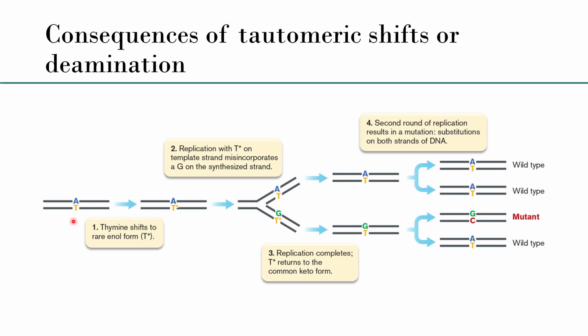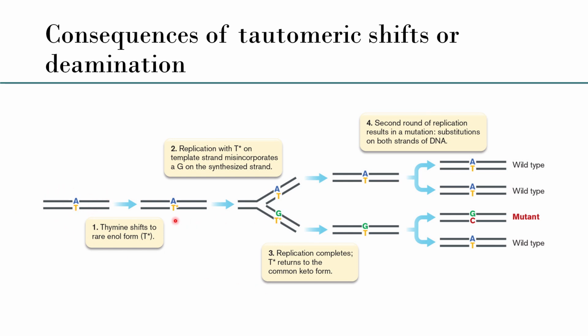So, if we have A and T, and the T is shifted to its enol form, then the strand with the A is going to be copied just fine. It's going to be an A and a T, and therefore we're going to keep the same wild type, or the correct orientation of that code.